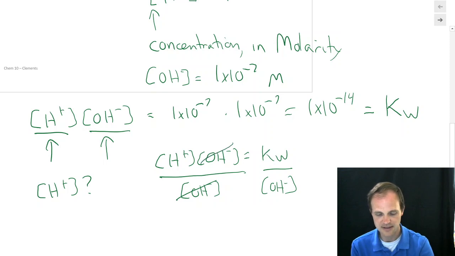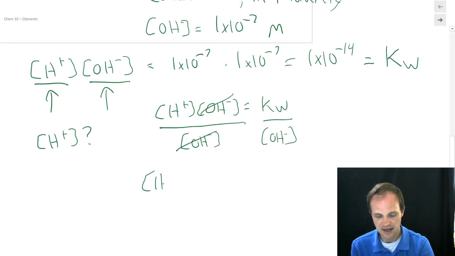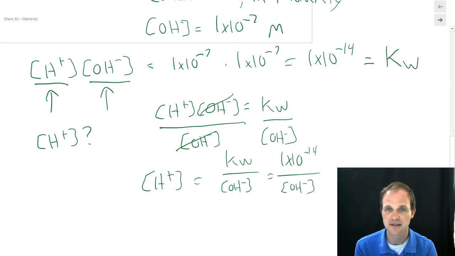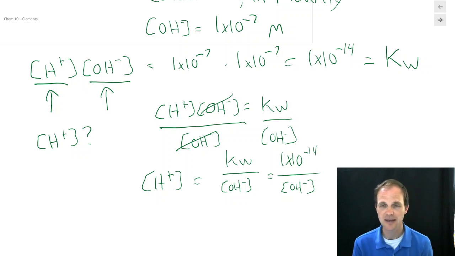My OH minuses cancel on this side, and I get that H plus is Kw over OH minus. And remember, Kw is just a number. It's 1 times 10 to the minus 14th over OH minus. All right. So that's how we can calculate H plus knowing OH, or we could do the math the other way around, and we could calculate OH minus knowing H plus.